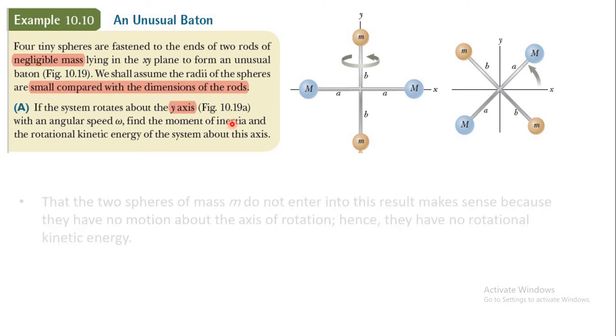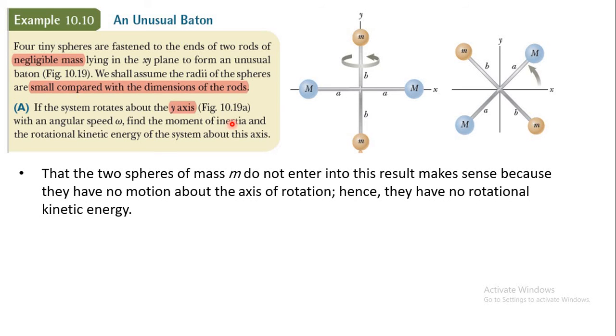So for the y-axis, notice that you will only consider the masses on the x-axis, and the masses on the y-axis will cancel. And why is that? Because they have no motion about the axis.